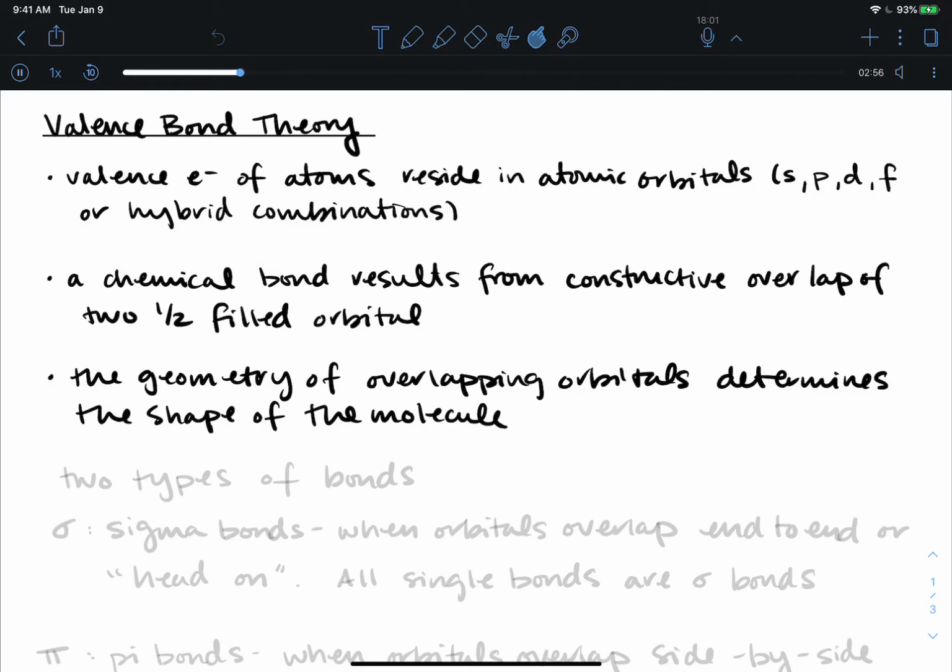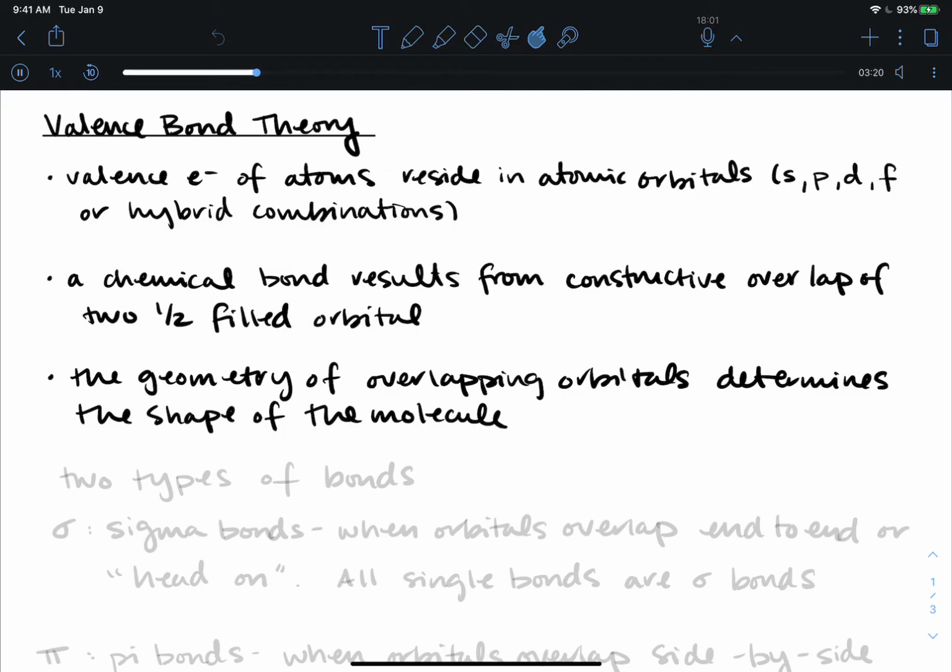So essentially what we're going to do in valence bond theory is say, based on the VSEPR geometry and the information that I learned in the last module, I know that this molecule should be this shape. How can my orbitals combine and overlap with each other to make sure that I get this shape in the molecule?